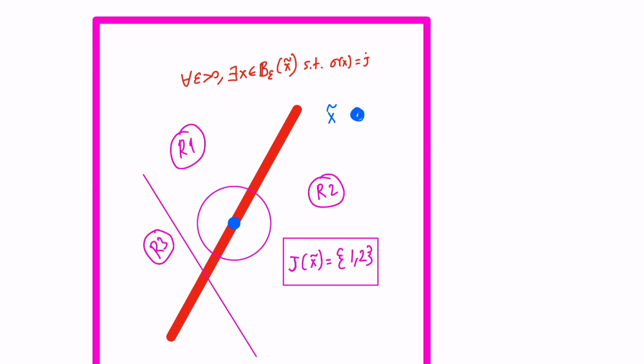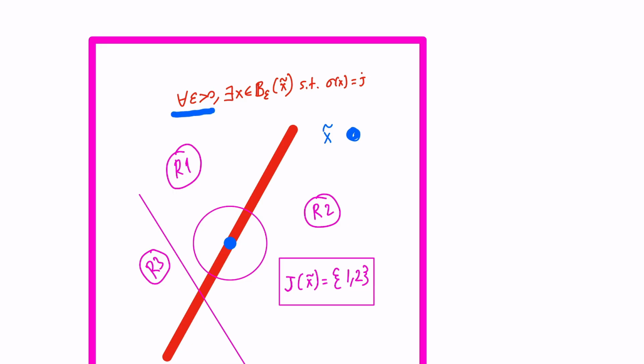For any given x tilde, it says that for all epsilon there exists x in the neighborhood. This can be considered a cheat code, but this expression is the type of thing that you will see many times, and you can make sense of it that way.